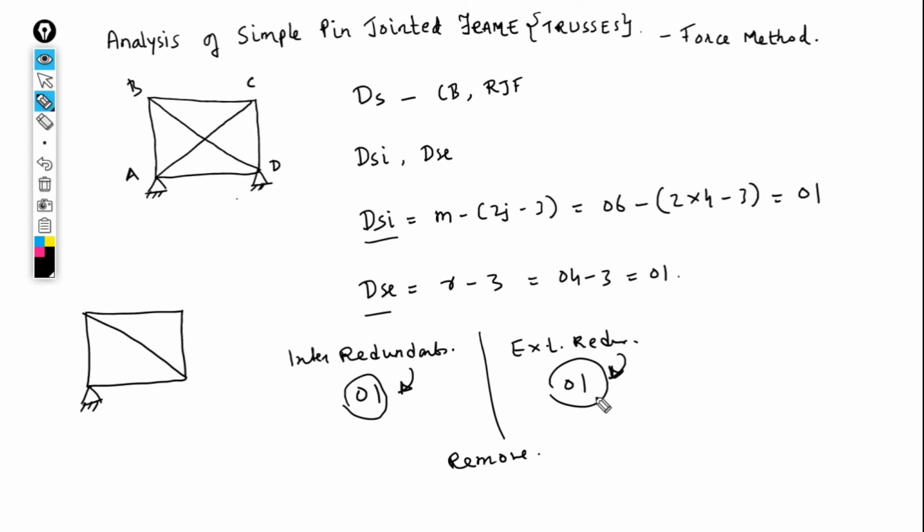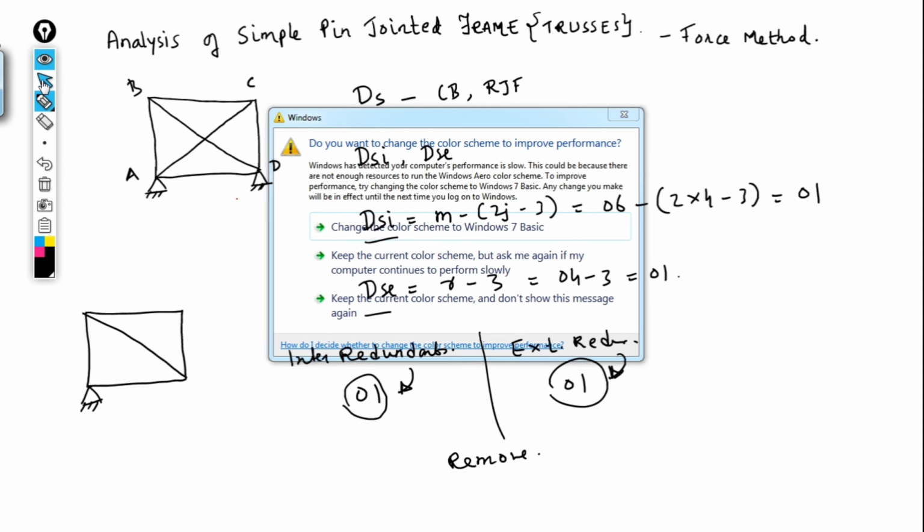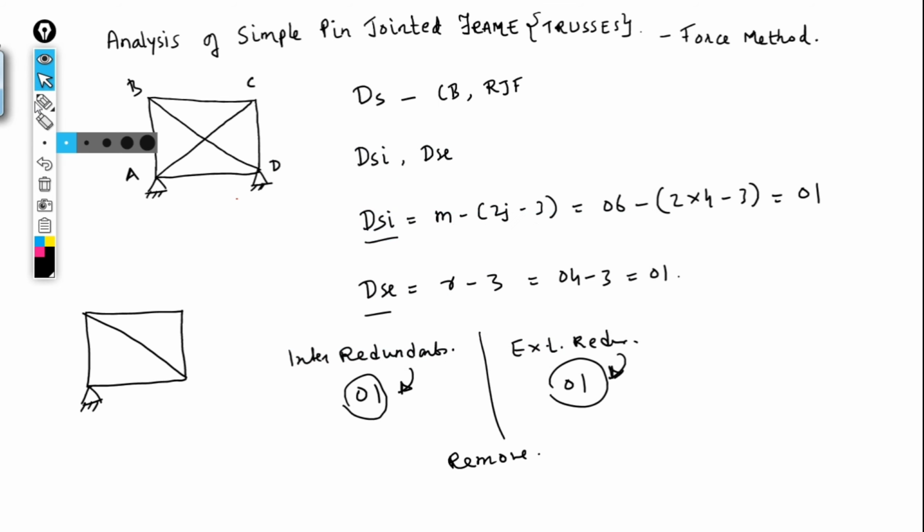Similarly, you have to consider the external redundant. First you are required to identify the external redundant and remove it. Here I will identify the horizontal reaction at D as the external redundant and remove it. When you remove the horizontal reaction, the hinge support will be converted into a roller support.